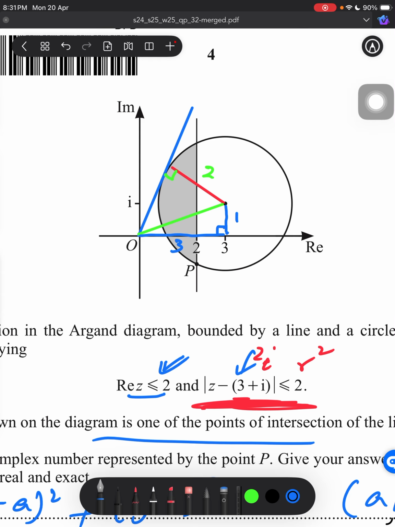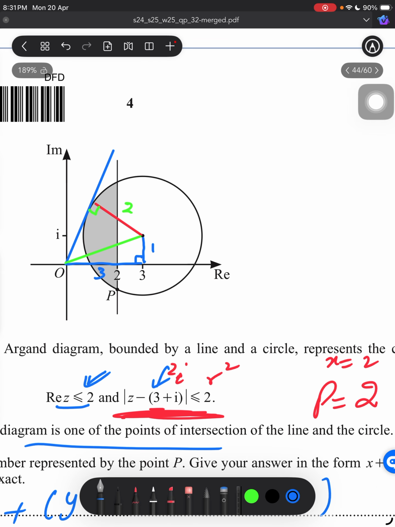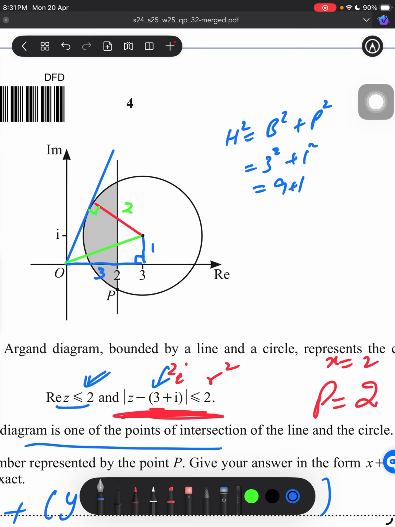For this we can find the hypotenuse squared. By Pythagoras theorem, hypotenuse squared is equal to base squared plus this. The hypotenuse is unknown, and the sides are 3 squared and 1 squared, which is 9 plus 1, 10. So the hypotenuse squared would be just 10.